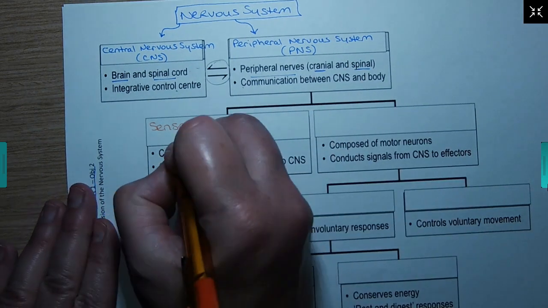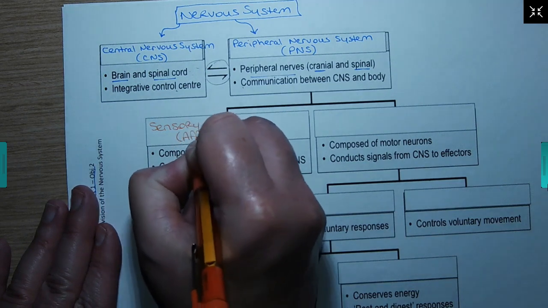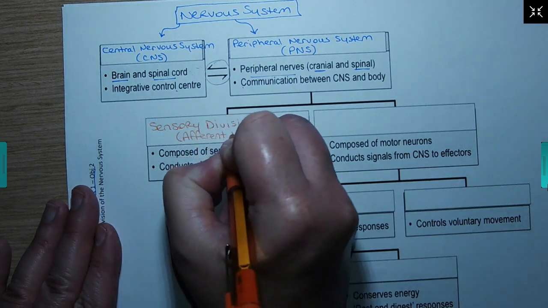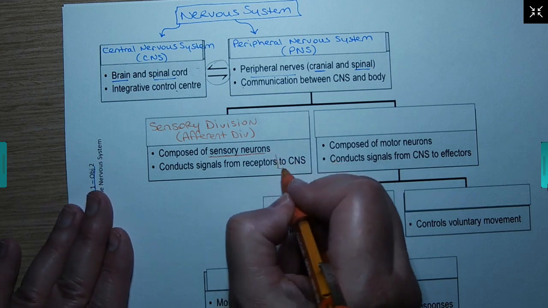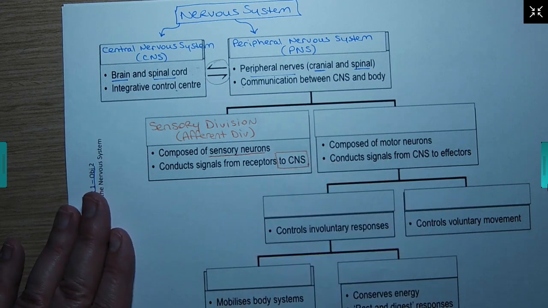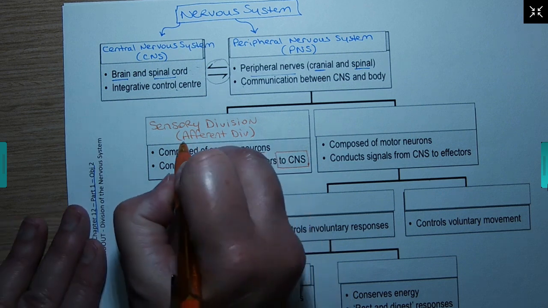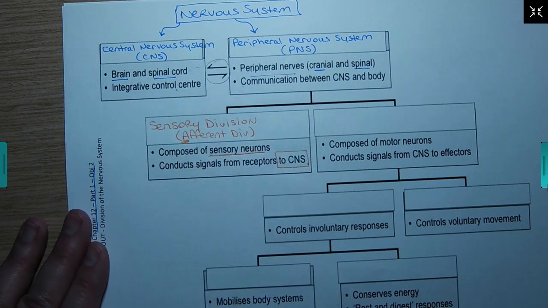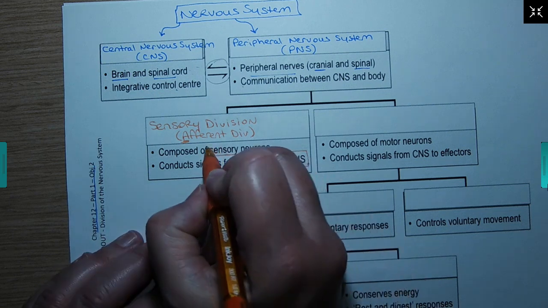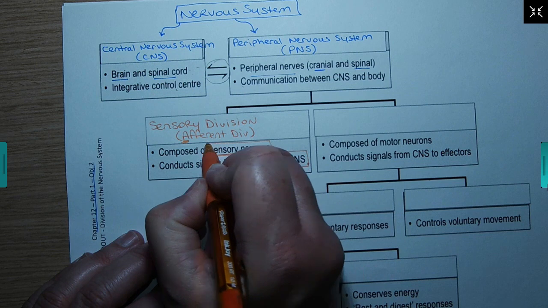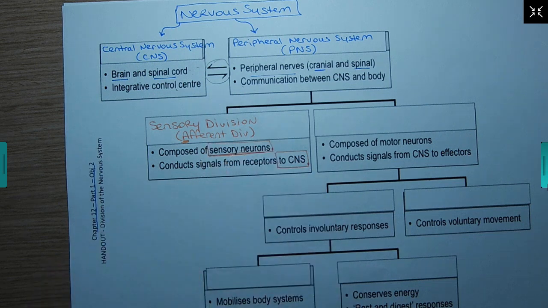It's also called the afferent division, because it is taking information to the central nervous system. So anytime things are going towards something, you're going to use the afferent word, okay? Now, the sensory division is made up of what kind of neurons? Well, it's made up of a certain kind of neuron called a sensory neuron. So pretty easy to remember.